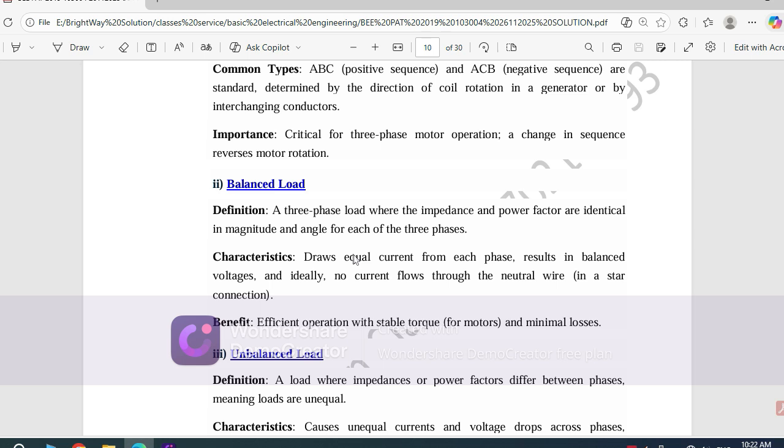In the balanced load, there are three phases normally in our electrical system, and each and every phase has the same value of impedance. Impedance means Z, it is a complex term. Do you know that R plus jX?